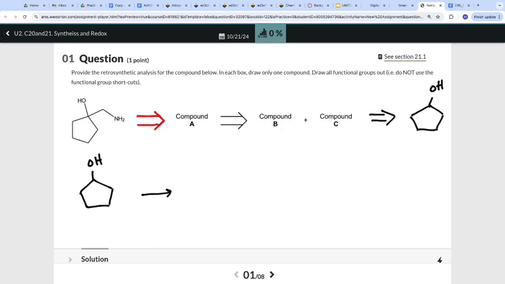I make compound C. I then bring in compound B, and I'll address that arrow here in a second, to produce compound A, and then compound A reacts with something to make this final thing.